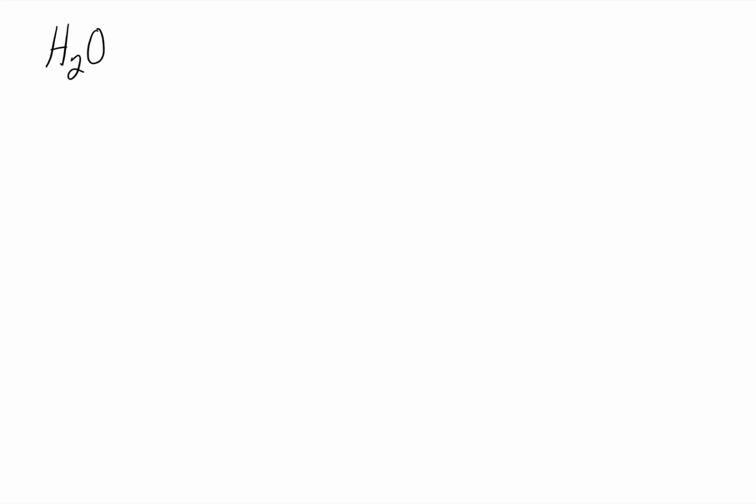Water is made up of 2 hydrogen atoms and 1 oxygen atom. I'm going to draw out the electron configuration for oxygen in black. Oxygen has 8 electrons based on the atomic number for oxygen. We have 2 in the inner shell, and then I'm going to draw that second shell with 8 electron positions and then fill in based on the process that we've talked about previously.